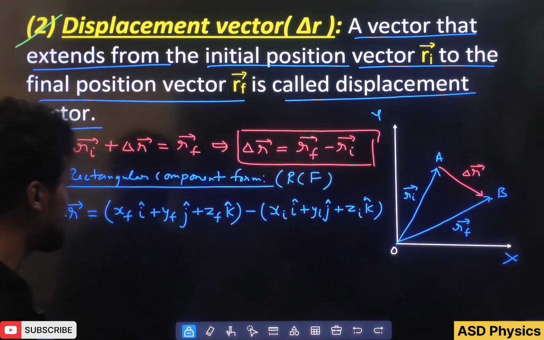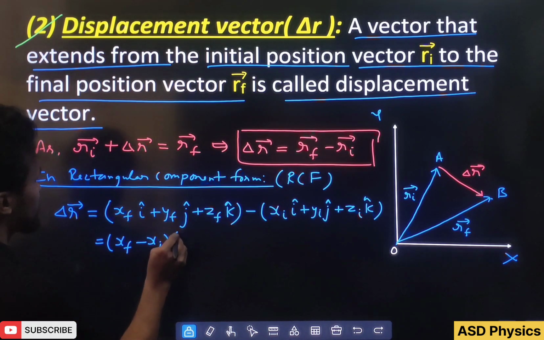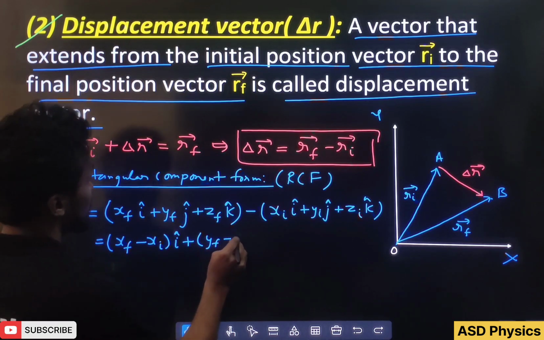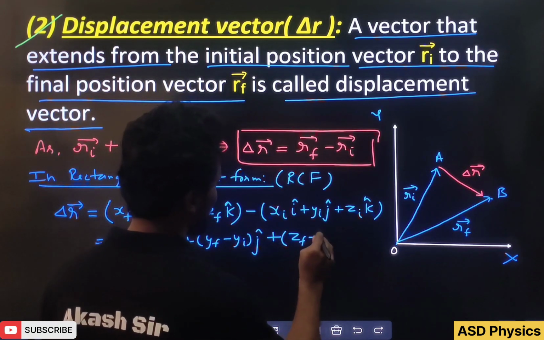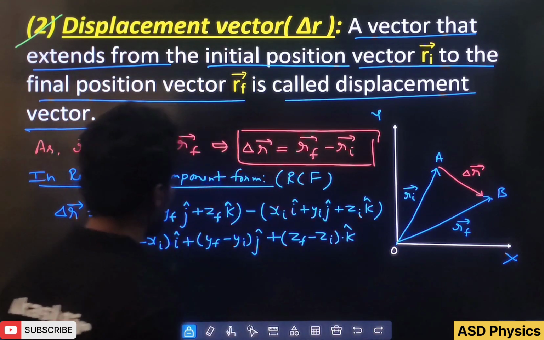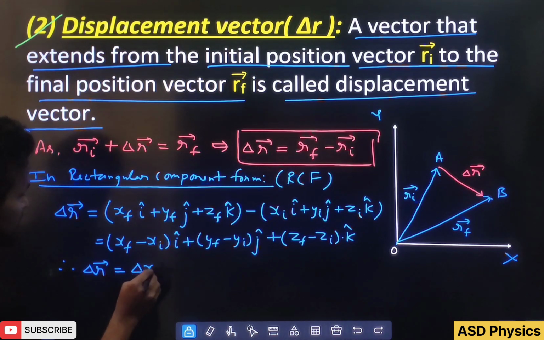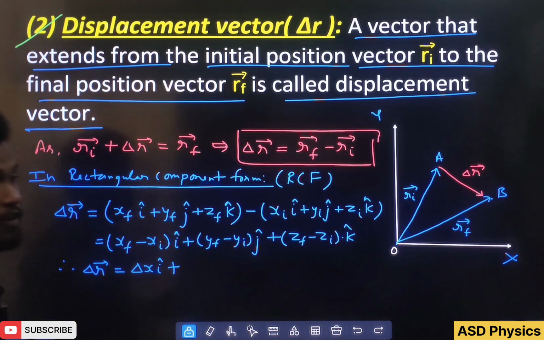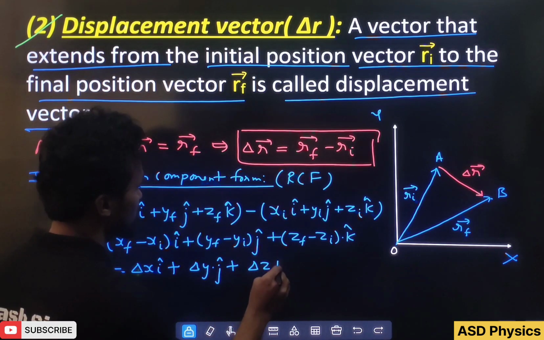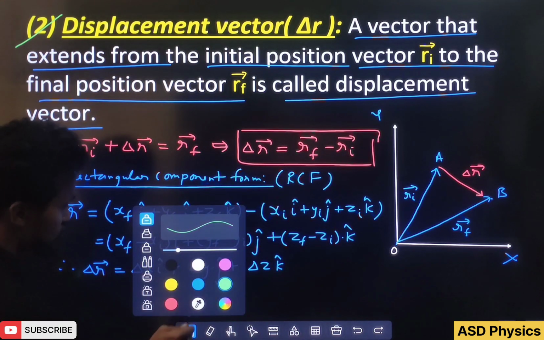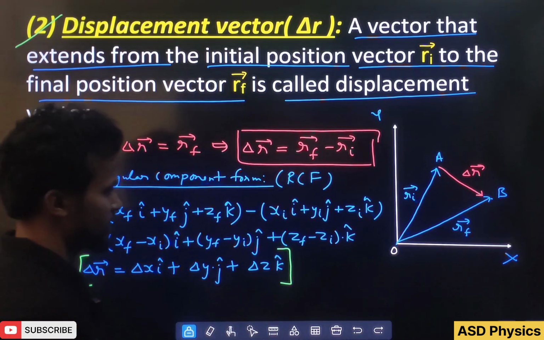If you separate it, the coefficients of i cap together: xf minus xi i cap plus yf minus yi j cap plus zf minus zi k cap. So at the end, this delta R is given by delta x i cap, that means displacement along x direction, plus delta y j cap plus delta z k cap. Students, this is my displacement vector in rectangular component form.